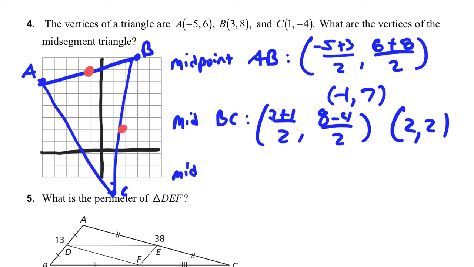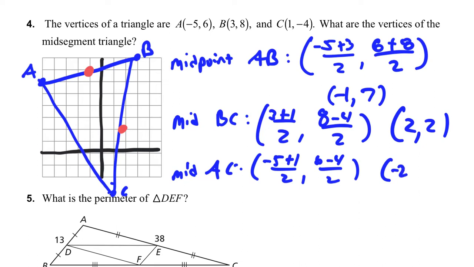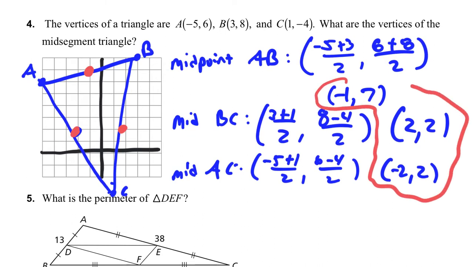So the midpoint of AC is going to be -5 plus 1 over 2, and then 6 minus 4 over 2, which is (-2, 2), which would be roughly here. Again, I didn't graph that super great. I didn't use a ruler. So these are my vertices that it's asking for. And then if I graphed this triangle, that's the mid-segment triangle that it's talking about.